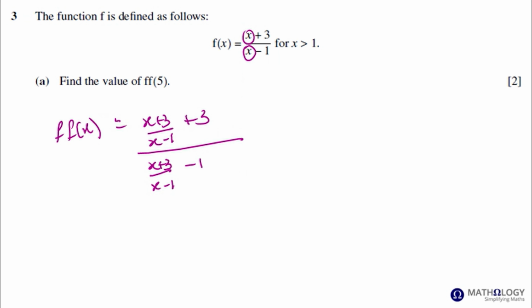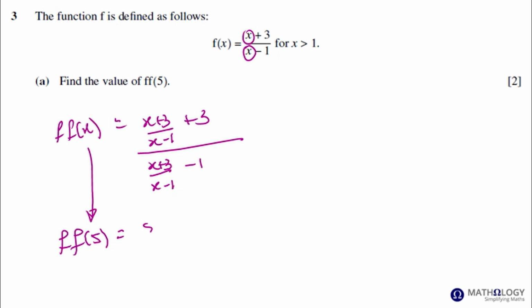So instead of manipulating this, we're just going to straight away substitute x equals 5. It's just going to be a lot easier. We can manipulate this, get a simplified expression involving x and then substitute, but because we've got fractions over fractions, it's going to be easier to straight away just sub in x equals 5.